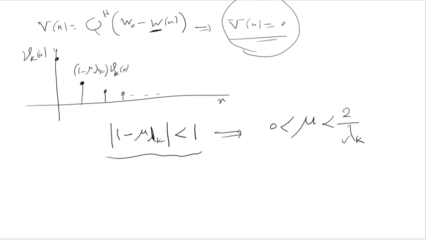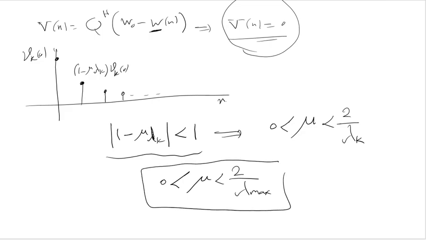If we want the intersection between all m domains, the intersection is mu between 0 and 2 over lambda max.